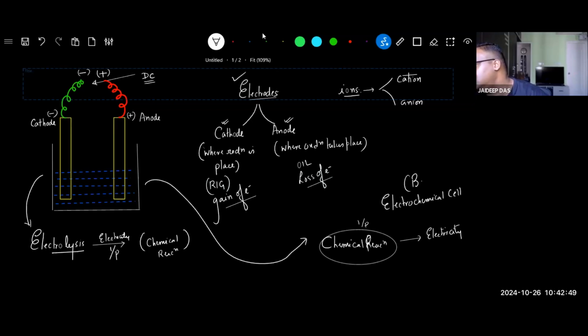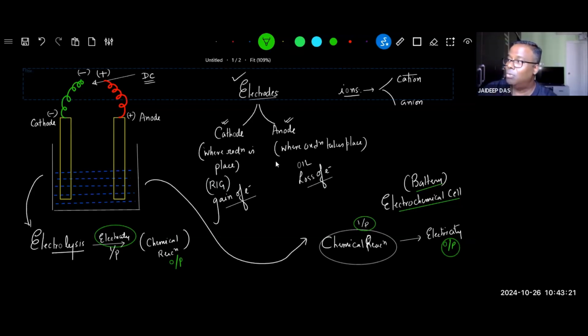Electrochemical cell in your desi language is what is known as a battery. Is it making sense? Let's see the left hand side first. In electrolysis, electricity is an input. You give electricity and chemical reaction is an output. Whereas in a battery or electrochemical cell, chemical reactions will be the input and electricity will be the output. Be very, very clear about this.